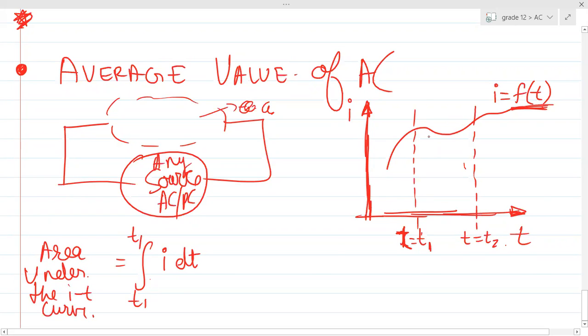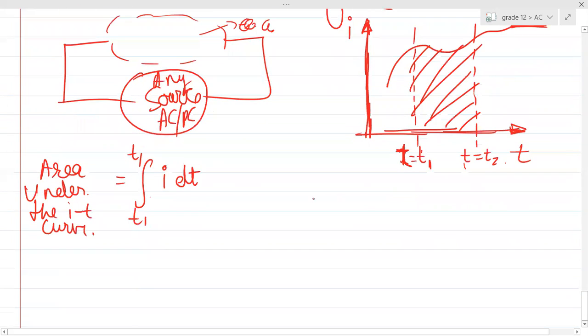Yes. By definition, this is the graphical interpretation of integration, right?